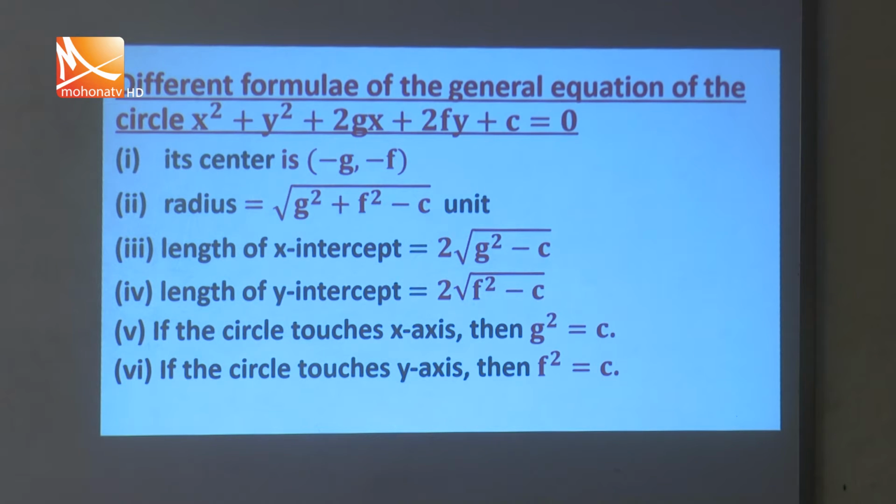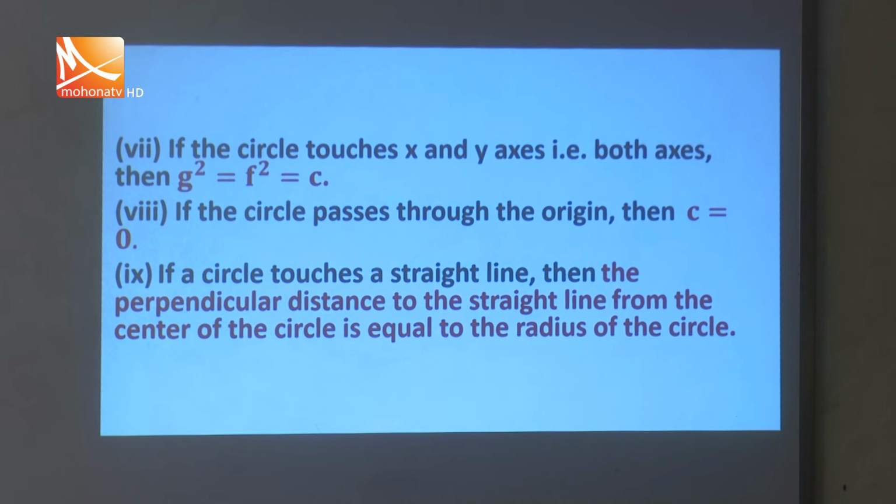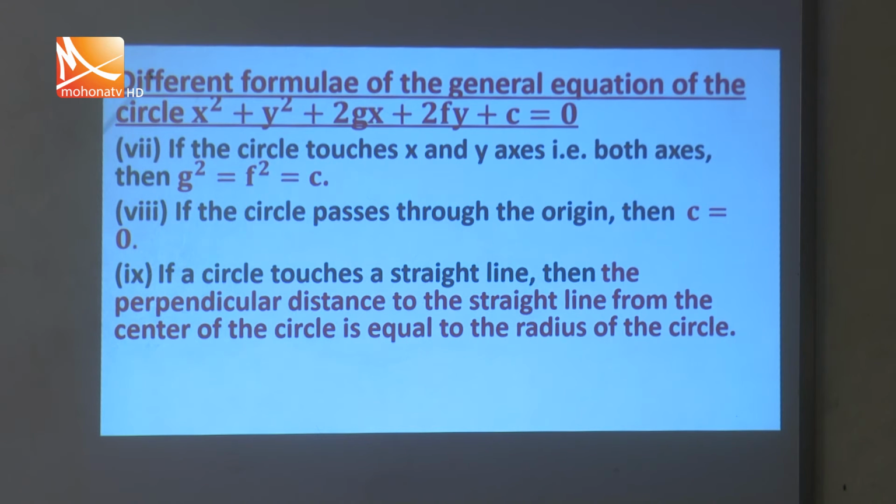Dear student, see another formula. If the circle touches both the x and y axes, then we get the relation g square equals f square equals c.